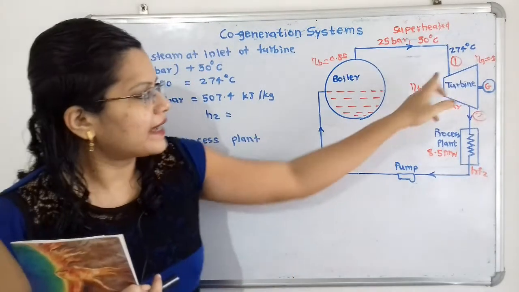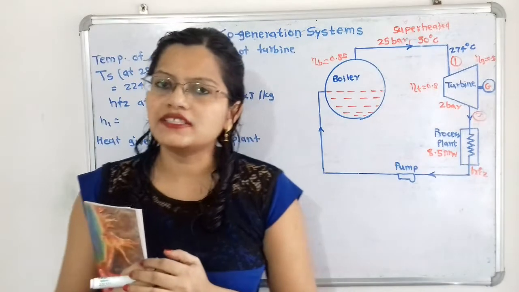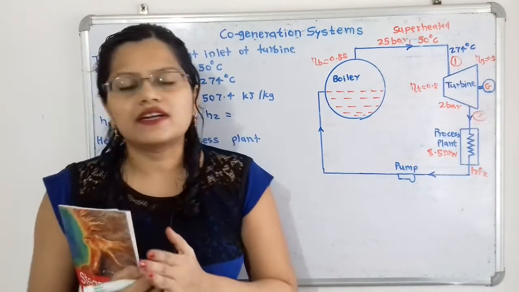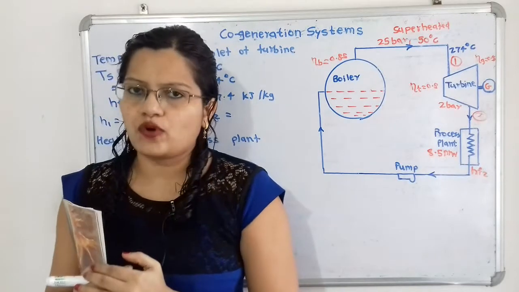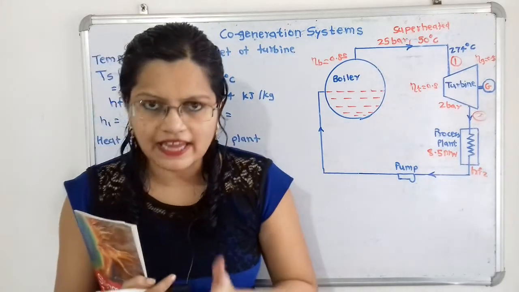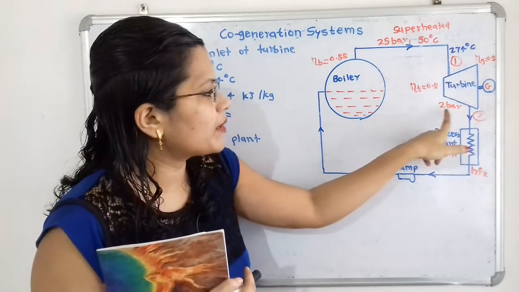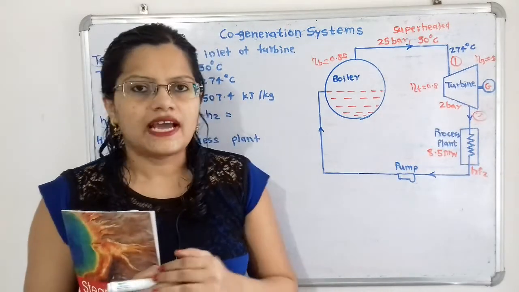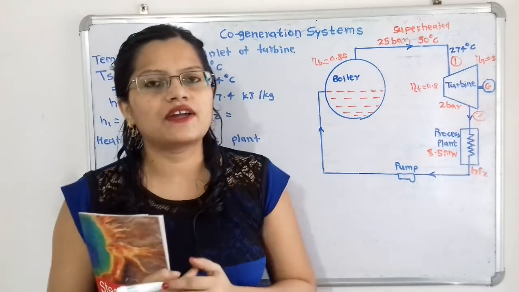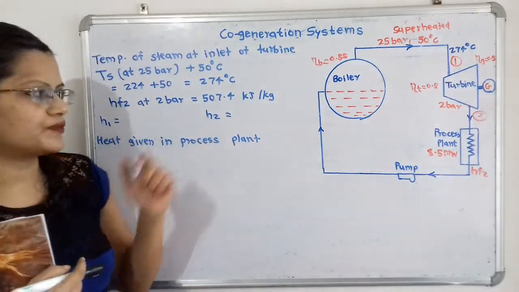Then in the turbine isentropic expansion takes place, so we take a vertical line at constant entropy, extend it up to a pressure of 2 bar, select point 2, and from that find the value of h2.